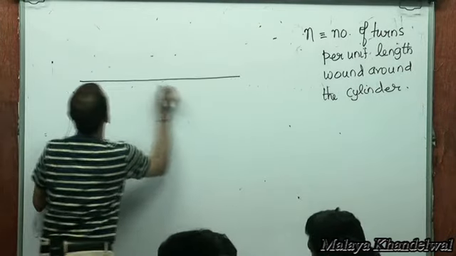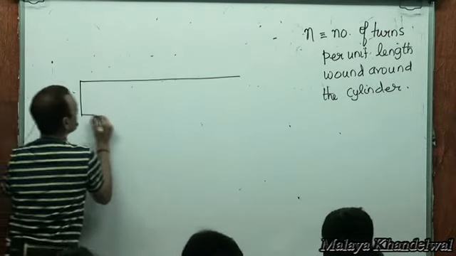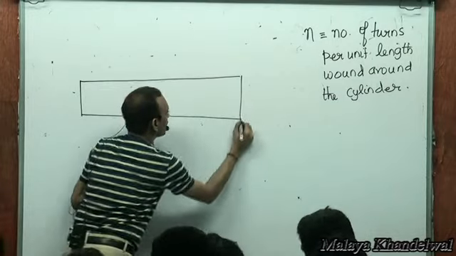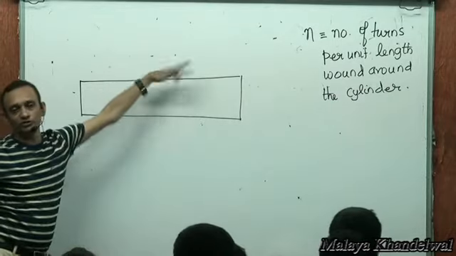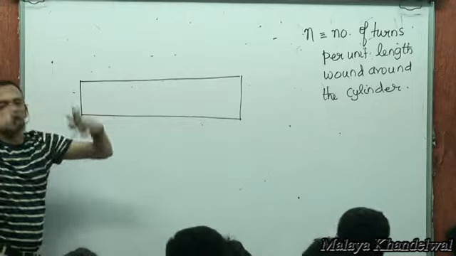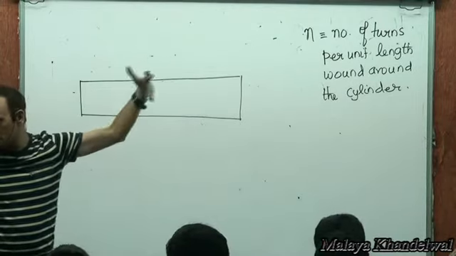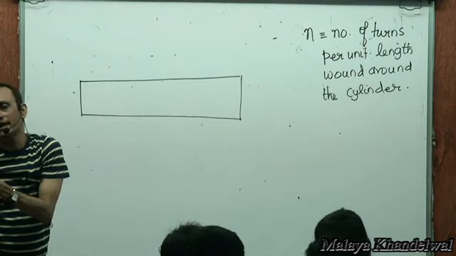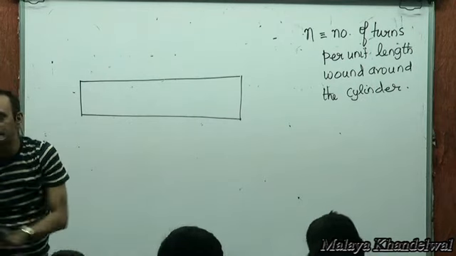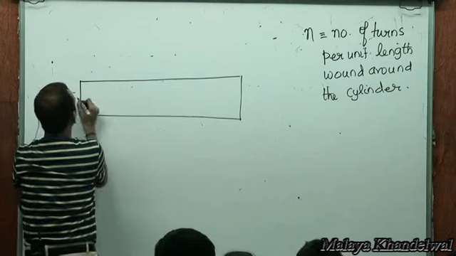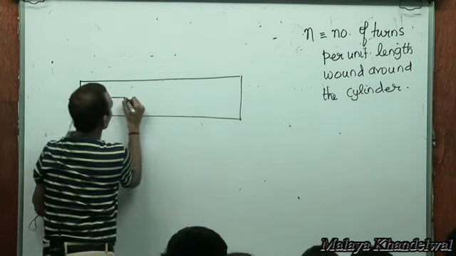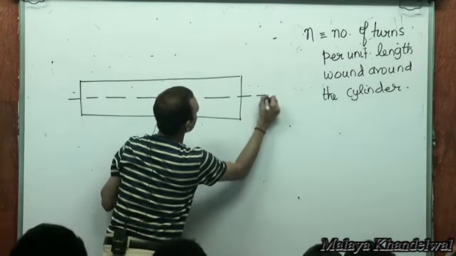So, this is the cylinder. To avoid clutter, I am avoiding drawing the coils, but you understand there is a coil that winds around the cylinder, and the number of turns per unit length would be small n. This is the axis of the cylinder.